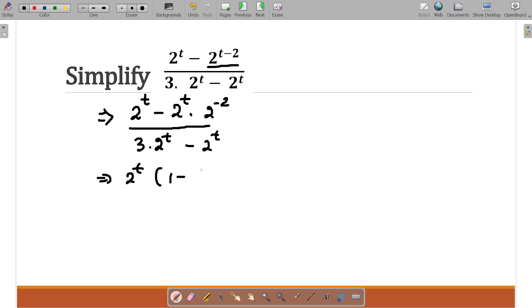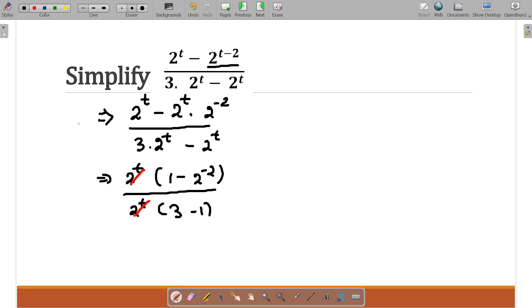Then it will be 1 minus 2 power minus 2, by 2 power t into 3 minus 1, taking 2 power t as common. Now we can cancel both of them, right? 2 power t and 2 power t will be cancelled.